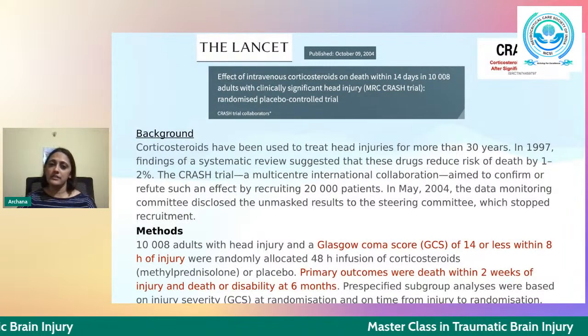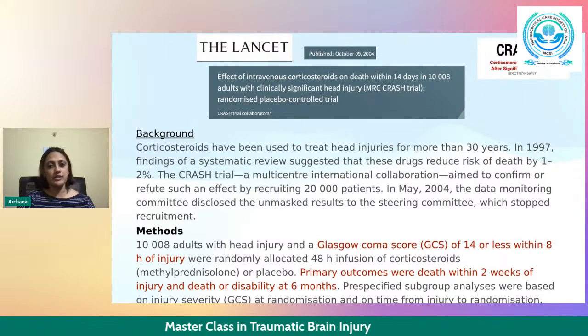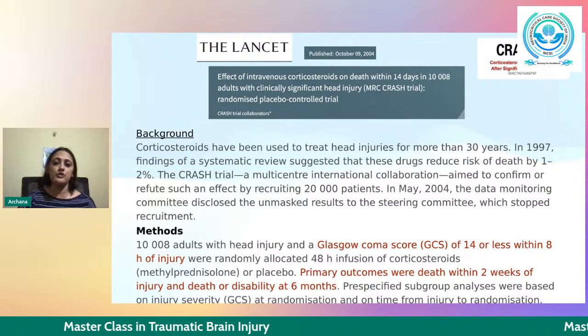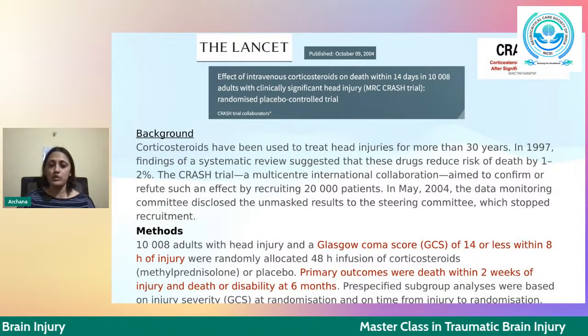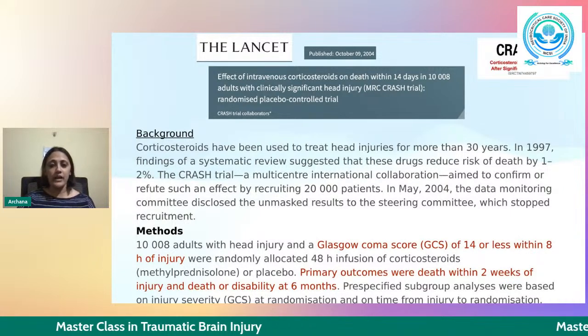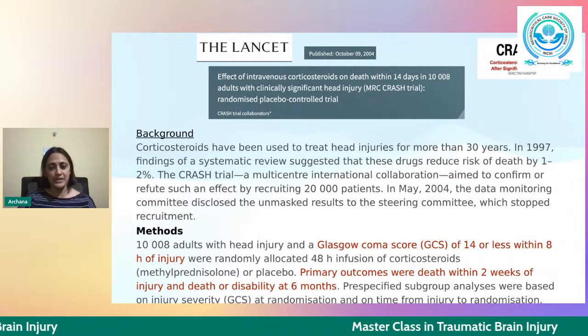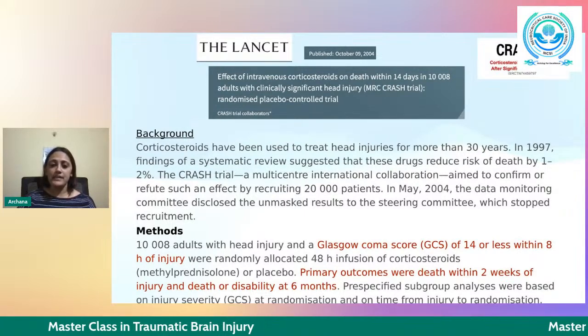Now, coming to the CRASH trial to assess the use of corticosteroids in traumatic brain injury, where patients with head injury with a Glasgow coma scale of 14 or less within 8 hours of injury were randomly allocated to a 48-hour infusion of corticosteroid, that is methylprednisolone, or a placebo. The primary outcome was death within 2 weeks of injury and death or disability at 6 months.